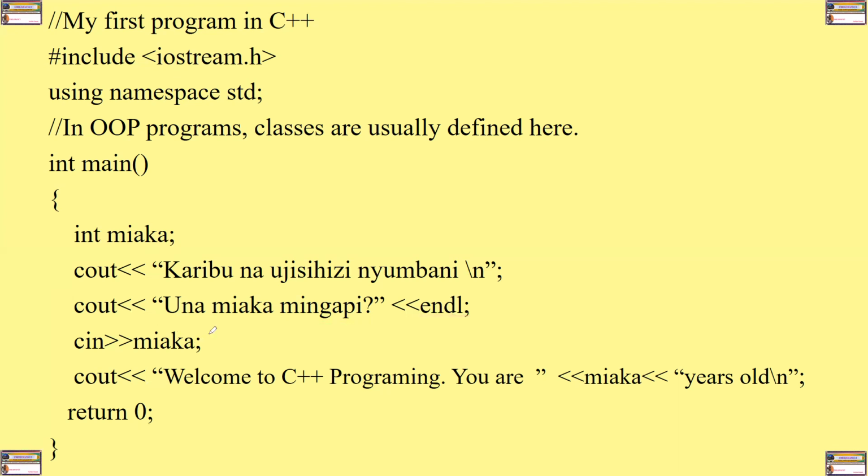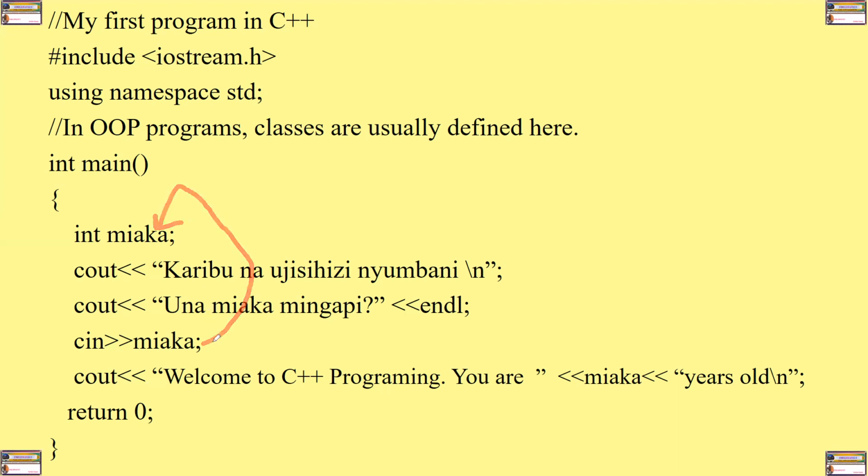And then this is a prompt statement. It prompts the user to enter the value for age. Una miaka mingapi? Kumi. So the person will type 10. When the 10 is typed and the user presses the enter key, that value 10 will be stored in the memory location that we set aside, and we called it miaka.